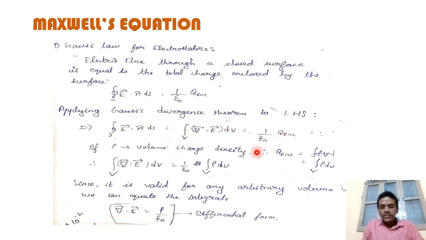So now the Q enclosed can be written as the integral of charge density over the volume V. Equating these two integrals, we arrive at the first differential form of Maxwell's equations, which is the divergence of vector field E equal to rho by epsilon naught, where rho is the charge density.